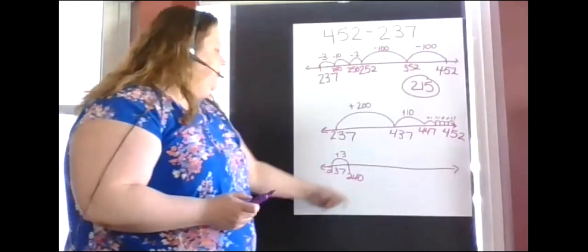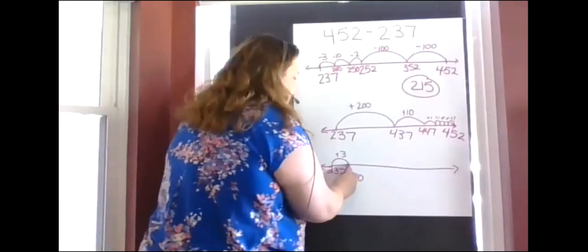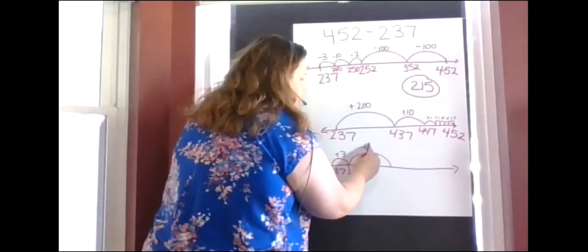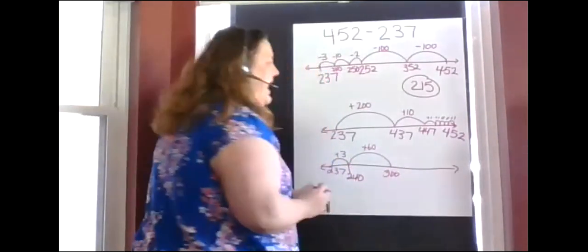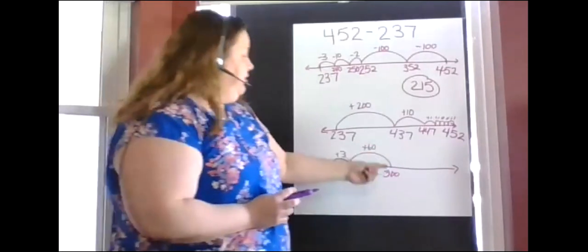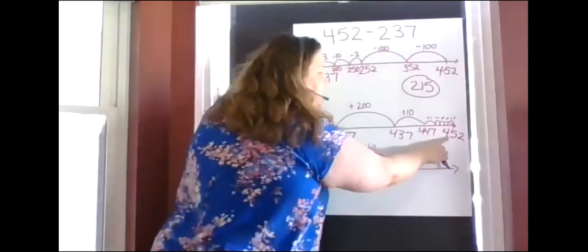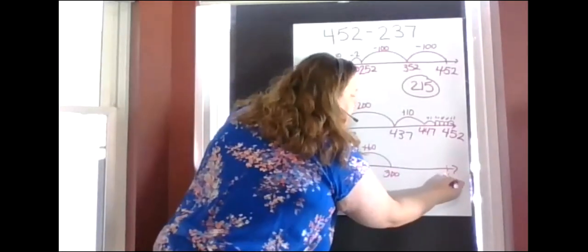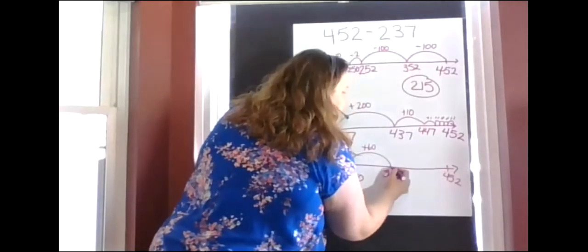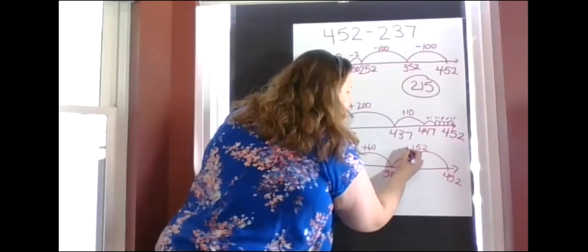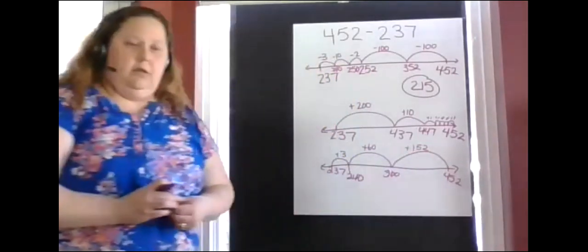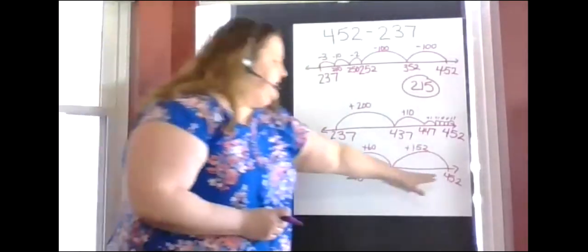Maybe I know 240 plus 60 is 300. And then I might know that 300 plus 100, if I'm headed to 452, 300 plus 152 is that distance to get me to 452.